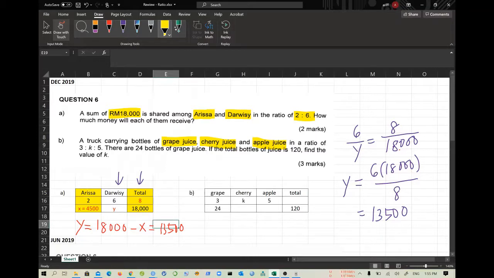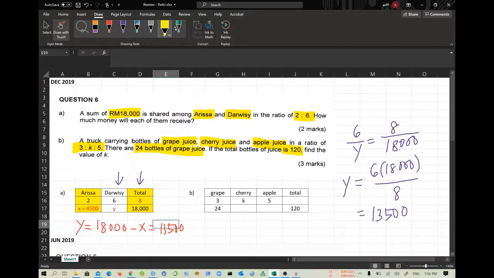The ratio given here is 3, k and 5. So it doesn't give you the exact value, just the form of variables. It also says there are 24 bottles of grape juice and the bottles total 120. So that is the information that you have. You extract the information and put it in table form as shown in the pictures.